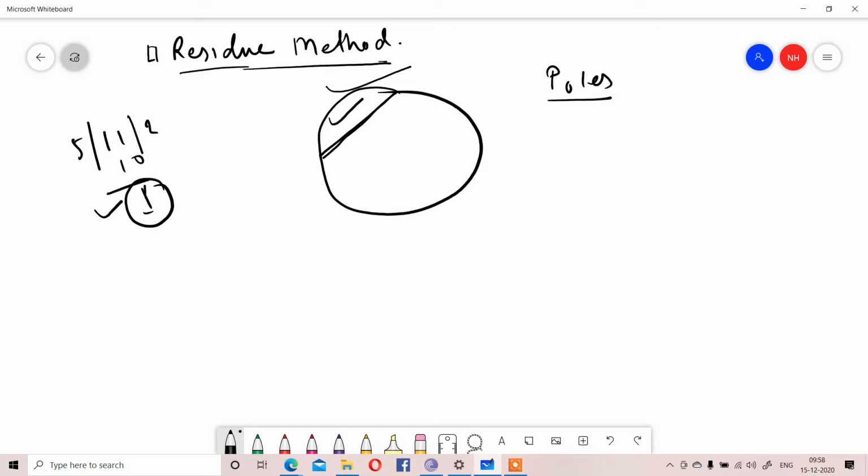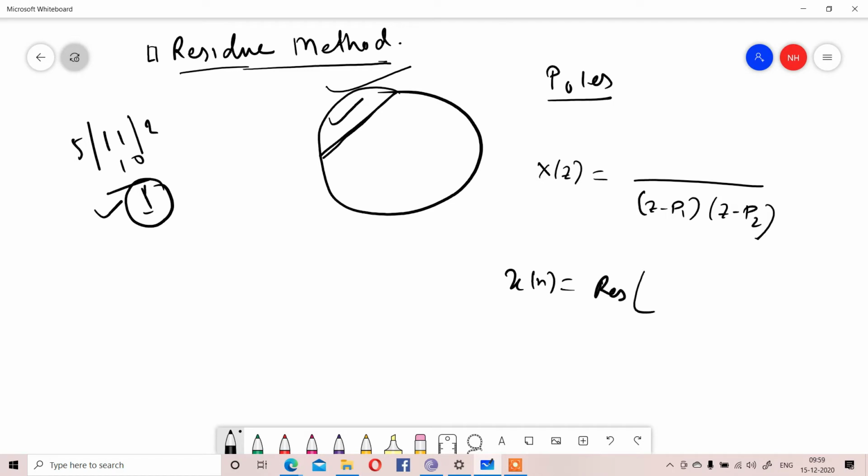Means if X(z) is given, and you have got poles z minus p1, z minus p2, the result x[n] will be the residue value for pole p1 plus the residue value for pole p2. That is the format of the residue method. Now you need to know how to calculate those residues. If you can do that, your problem will be solved.